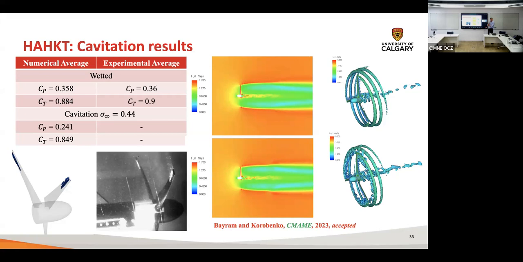So if you do not account for that during your design and you have cavitation, boom, 30% loss of power, premature failure, etc. I'm not even talking about the collapse of the bubbles, just the pure hydrodynamic performance. The interesting feature here, if you look at the vortices, is that as the cavitation starts forming, you start developing a horseshoe vortex structure originating from that cavitation.